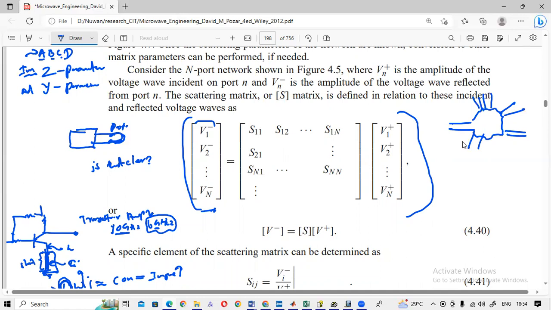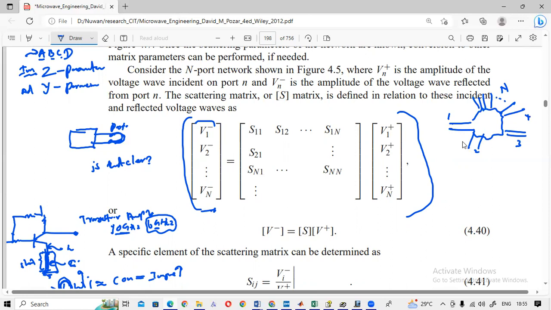You have ports 1, 2, 3, 4, like this, up to n. Now we are not considering the total voltages or currents, but the reflected and forward voltages.